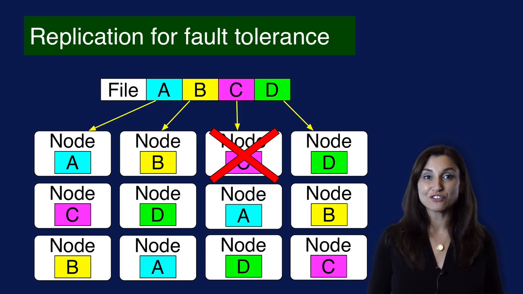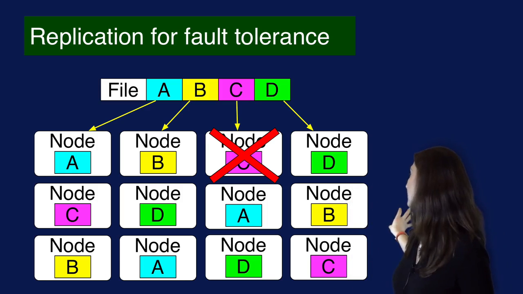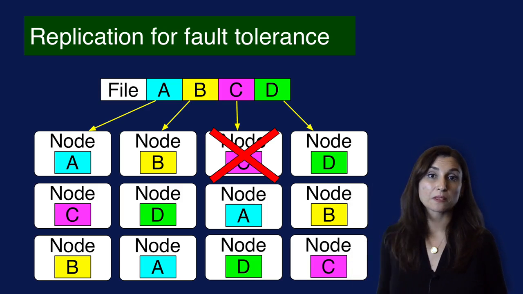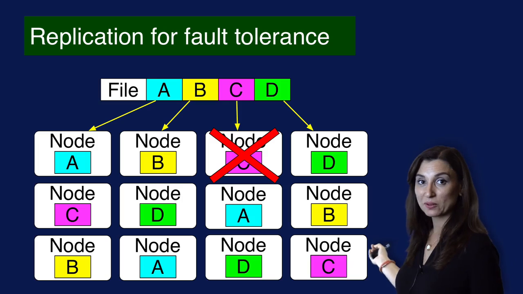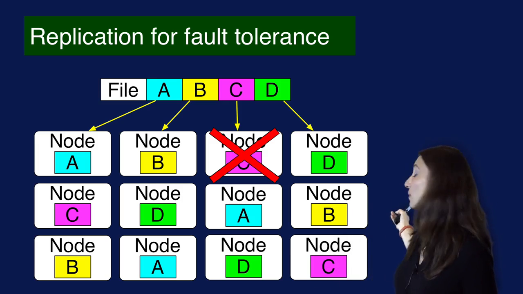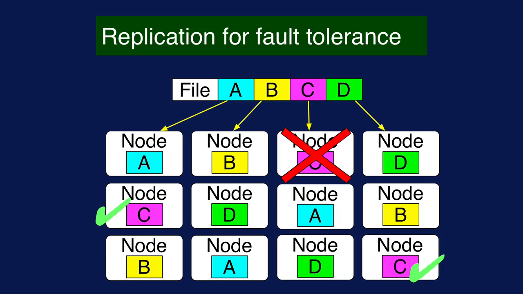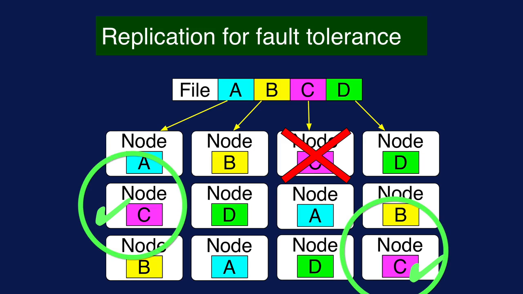HDFS is designed for fault tolerance in such cases. HDFS replicates, or makes a copy of, file blocks on different nodes to prevent data loss. In this example, the node that crashed stored block C. But block C was replicated on 2 other nodes in the cluster.